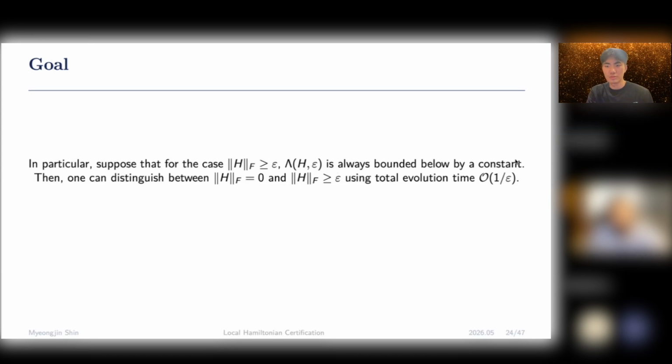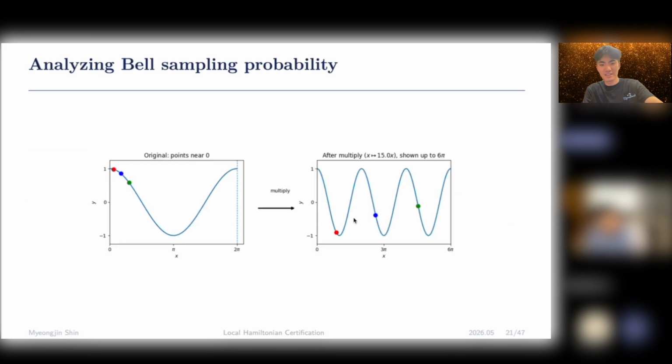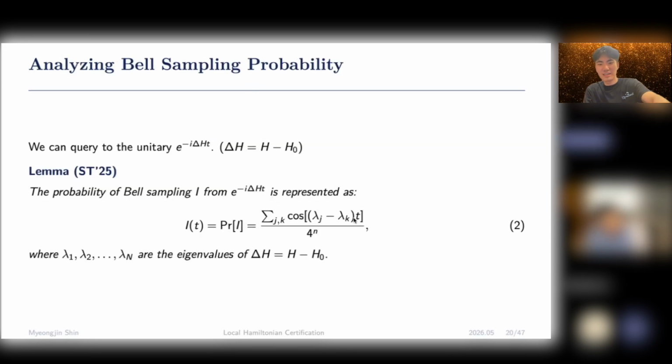As said, we are just doing the intolerant case. And just for simplicity, now we have a guarantee that we can just apply e to the minus delta H t.